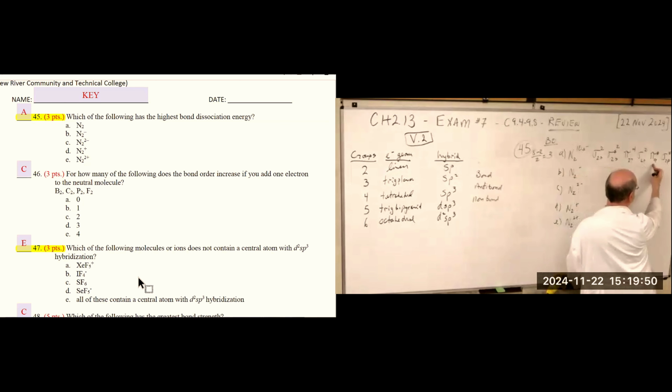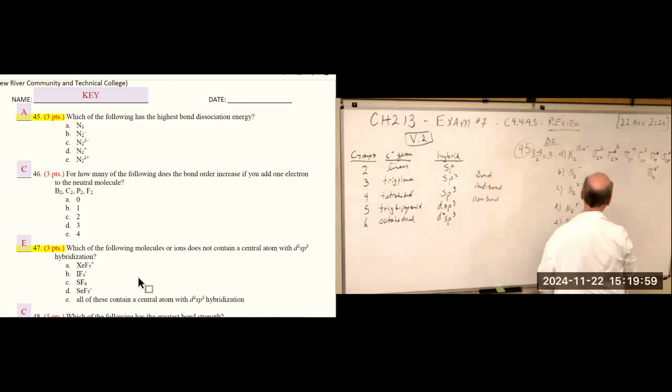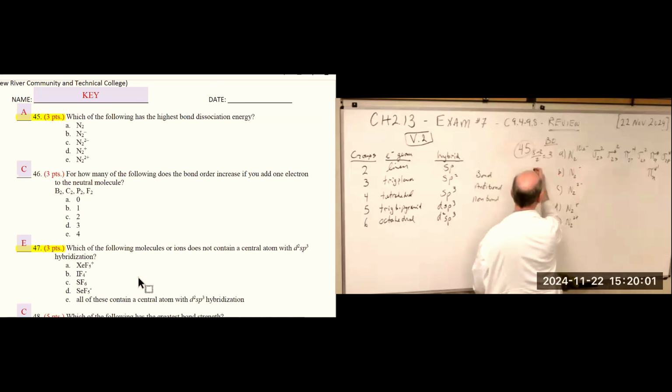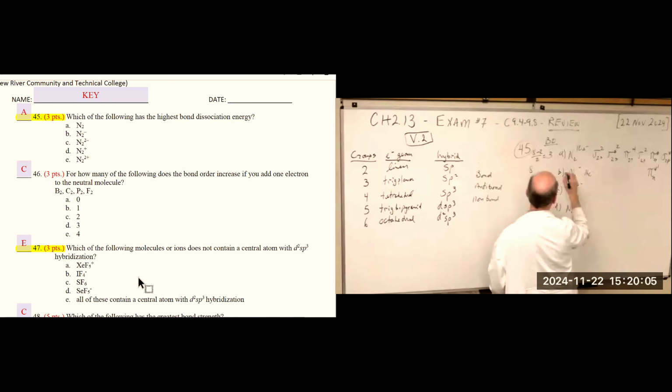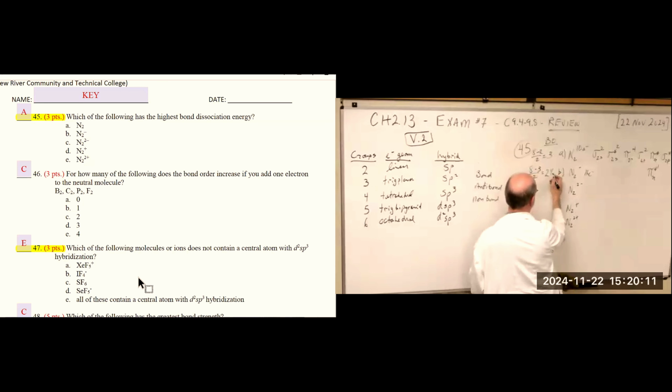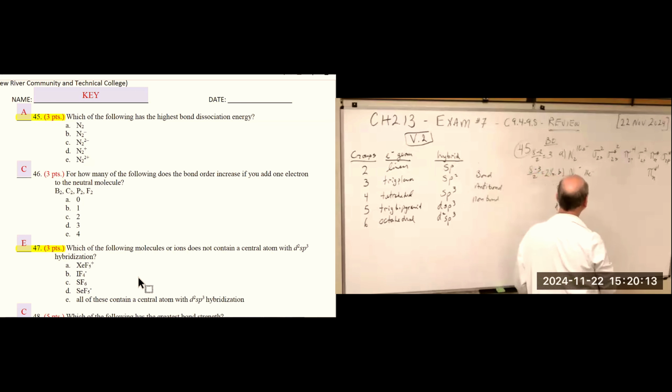That one's full, so it has to go in the anti-bonding orbital. Right? So we'd have 1 electron there. That means we would have 11 electrons actually. And we have 8 minus 3 over 2, which would be 2.5, right? 5 divided by 2.